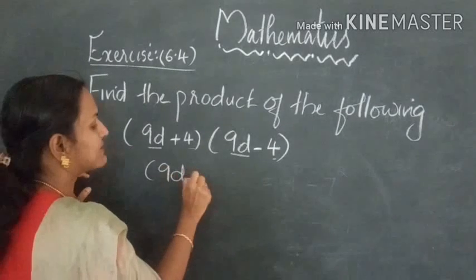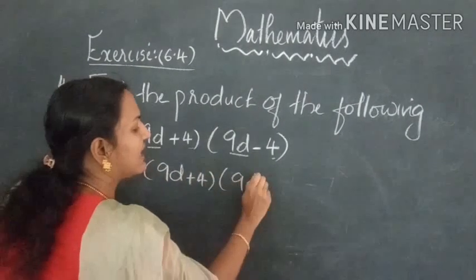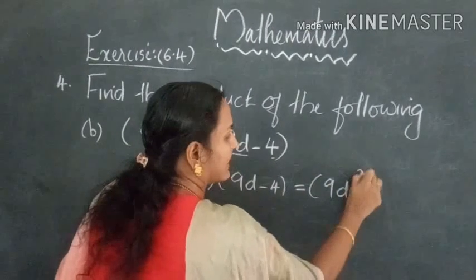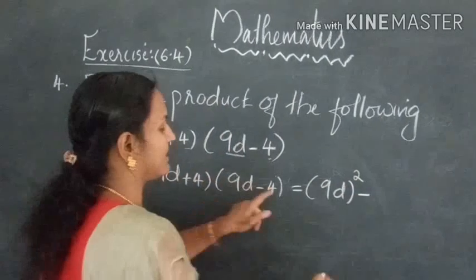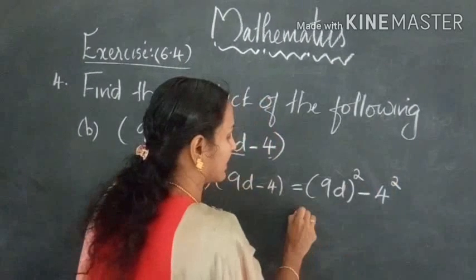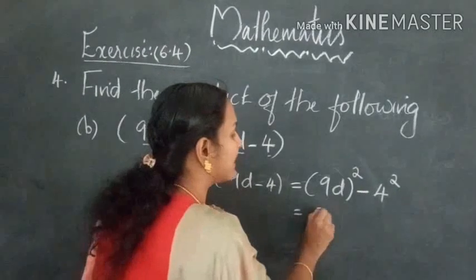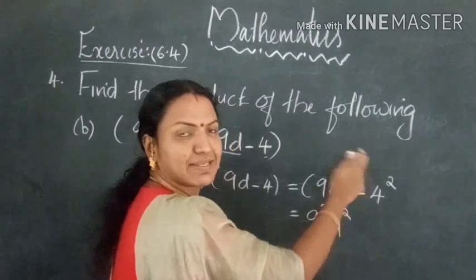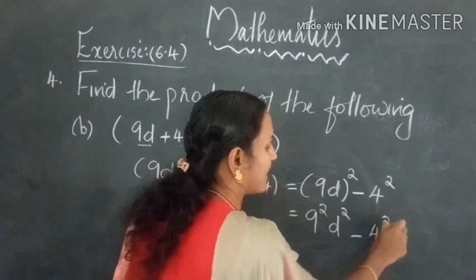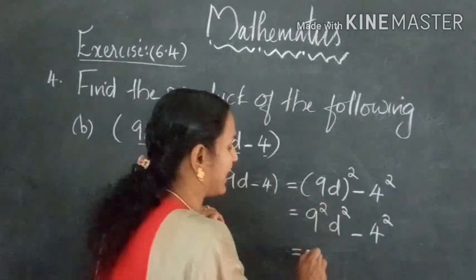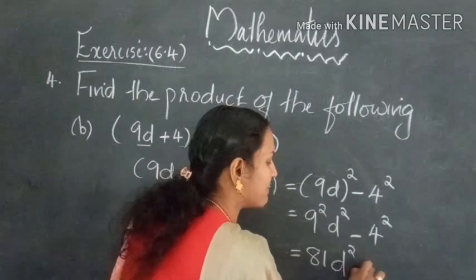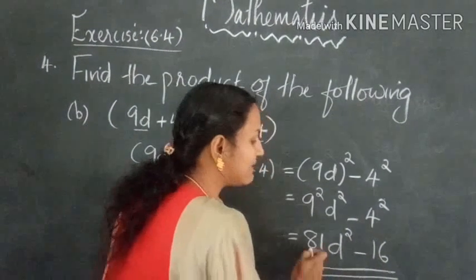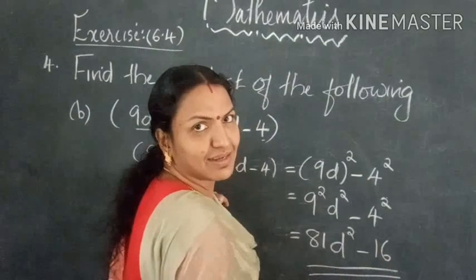So (90 + 4)(90 - 4) is equal to 90 square minus 4 square. 90 square means 9 square into 10 square. 9 square is 81, 4 square is 16. So the answer is 8100 minus 16.